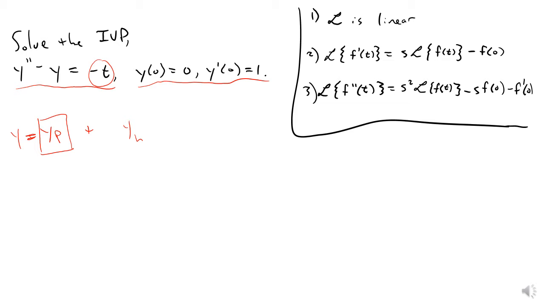But it doesn't work so well if that right-hand side is some other type of function. Variation of parameters works great because it can handle a wider variety of functions on the right-hand side. But its drawback is you have maybe a couple of ugly integrals to do. So they both have their advantages and disadvantages.